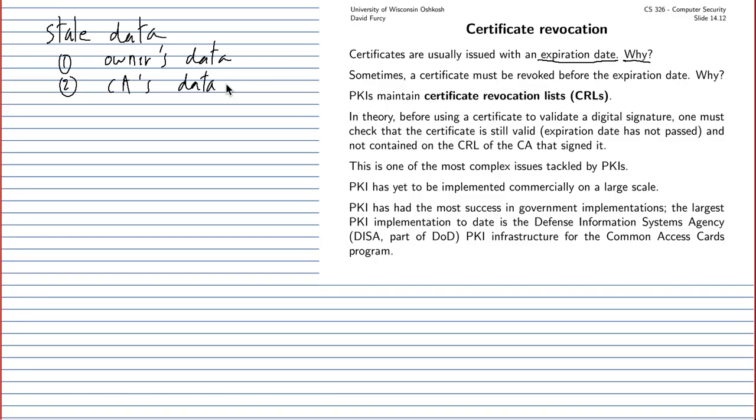So if the certificate is valid forever, then at some point this data might become out of date or stale, because the company's name might change, its address might change. Same for the CA information. So in general, you only want to issue a certificate for a fixed period, and therefore every certificate has an expiration date. In fact, sometimes you want to revoke a certificate before the expiration date.